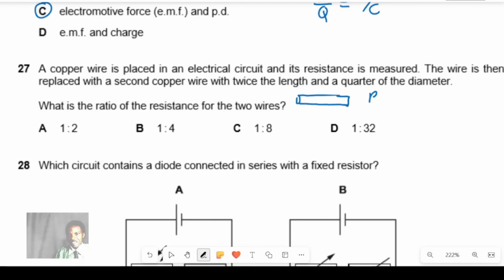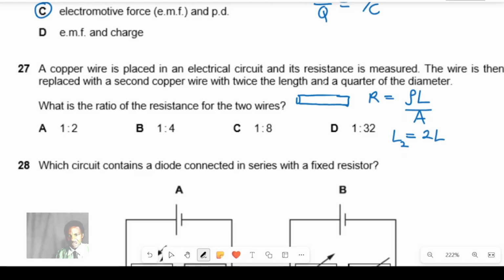Resistance is equal to resistivity multiplied by length divided by cross-sectional area. The first wire's resistance is R. The second wire has twice the length, so L2 is going to be 2L.